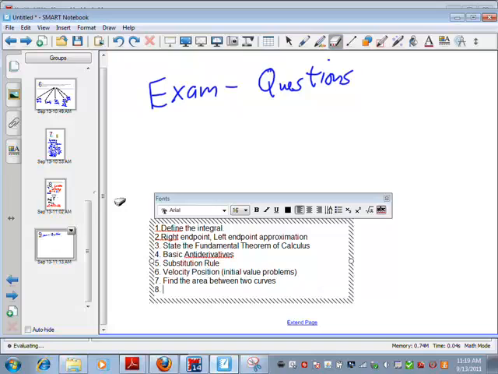Here's number 4 and here's number 5. 4 is something like this. But these are basic antiderivatives, and that's 5. So then that would be 6 right here. What's 6? Yes, that's what I have.